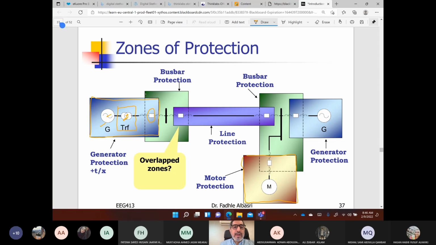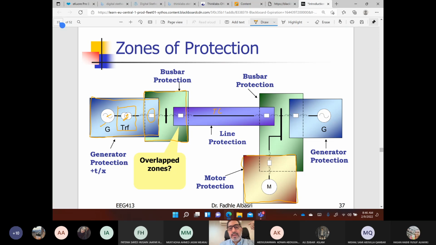Bus bars have their own zones of protection. So faults in the bus bar will be detected by a protection system dedicated to detecting faults in the bus bar.